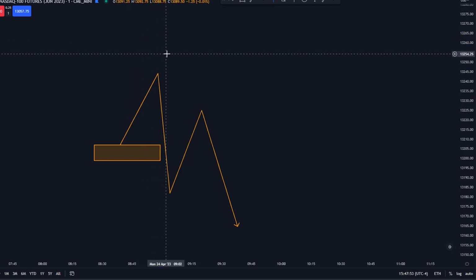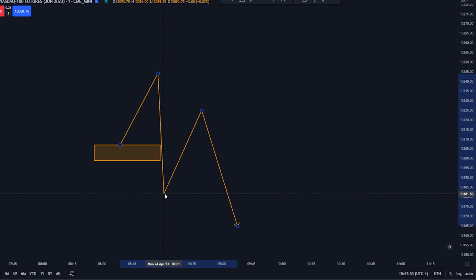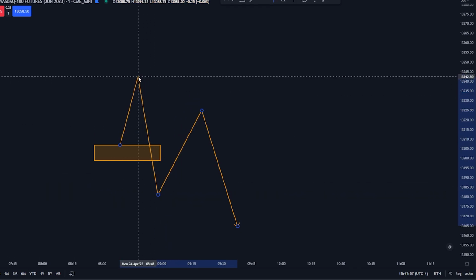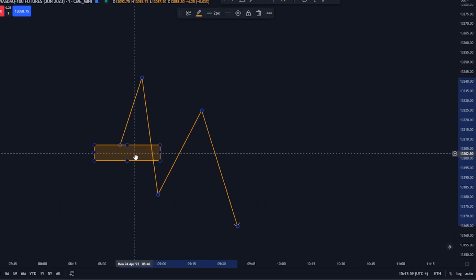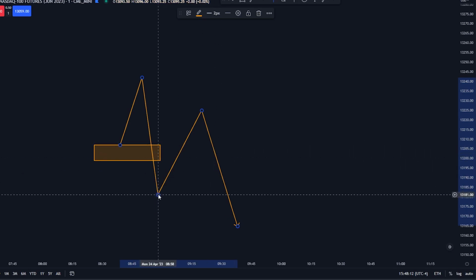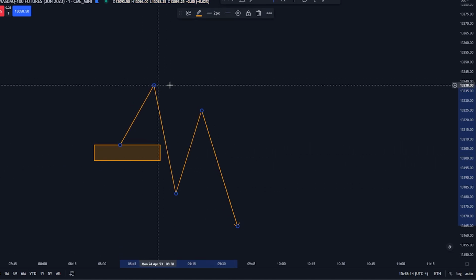So these rich people or smart money, they're waiting for this liquidity because when they buy here, they have so many people that are selling to them. So they don't move the price as much and therefore they get a better price and make more money. So that's why the market always moves to the liquidity.